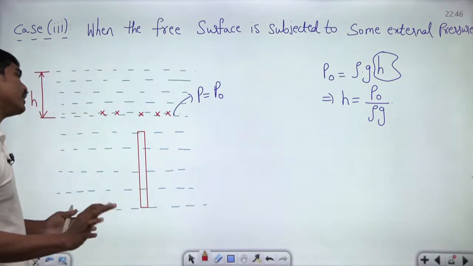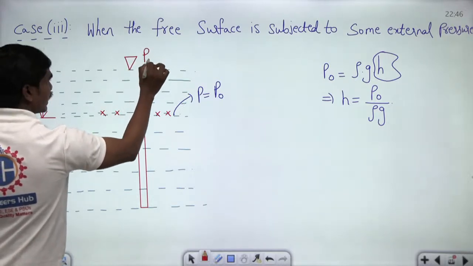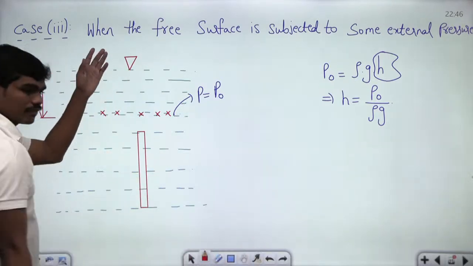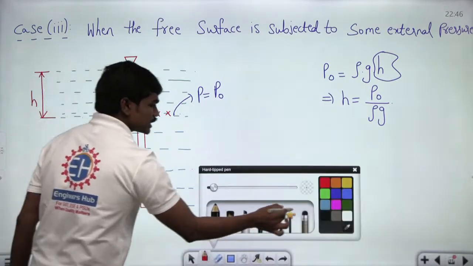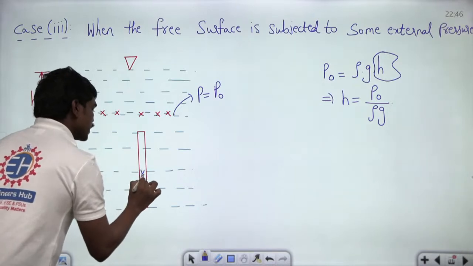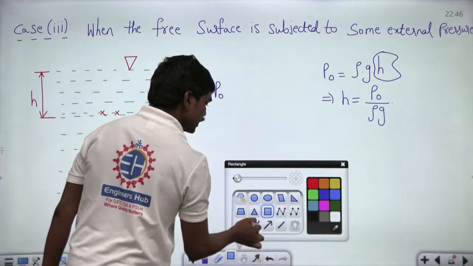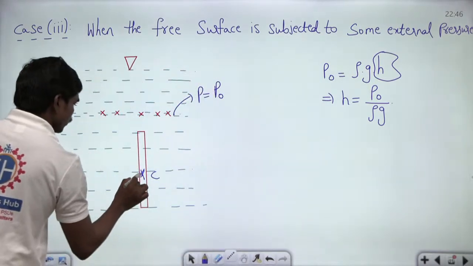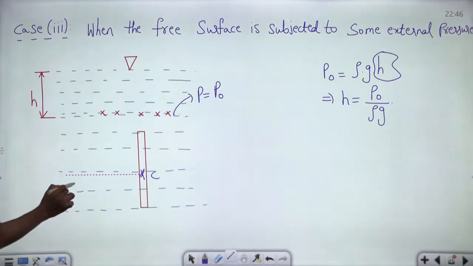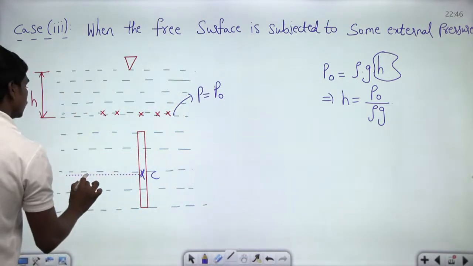If you can understand this point, then here again the pressure is P atmosphere. Correct? Again it's local pressure, so this acts as a free surface. If the centroid is at this location, this time we measure H bar from this location.